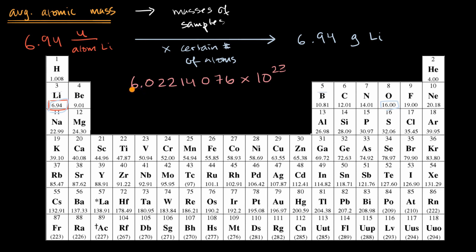So if you have a sample with this number of lithium atoms, that sample is going to have a mass of 6.94 grams. Whatever its average atomic mass is in terms of unified atomic mass units, if you have that number of the atom, you will have a mass of that same number in terms of grams. Now you might be saying, is there a name for this number?